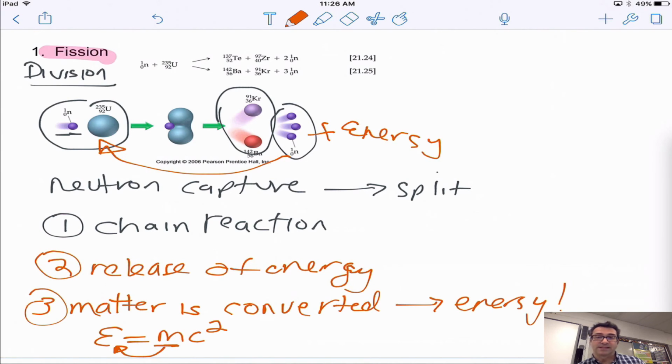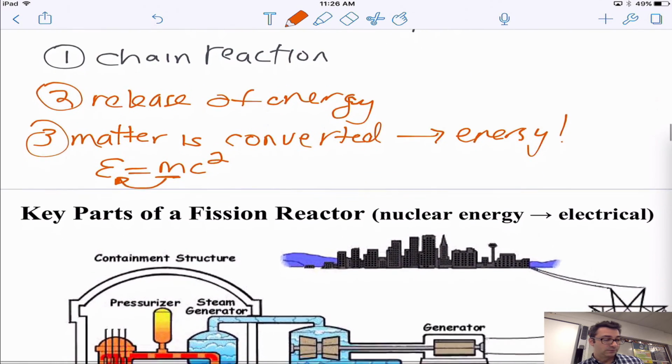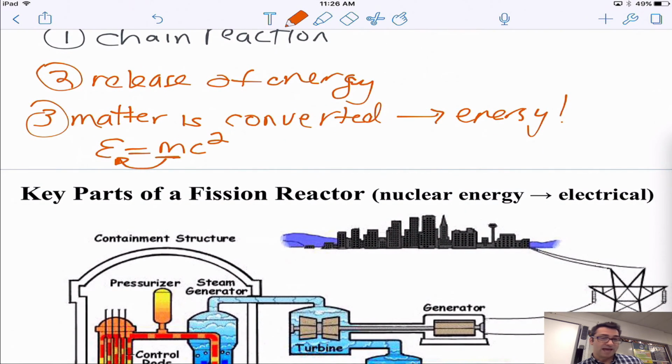Something to that effect, 10 to the 16th joules, compared to a few thousand joules. So I want you to keep this in mind. This is really the reaction used in every reaction that we use for nuclear energy, where we take the energy produced from a nuclear reaction and convert it into electrical energy.